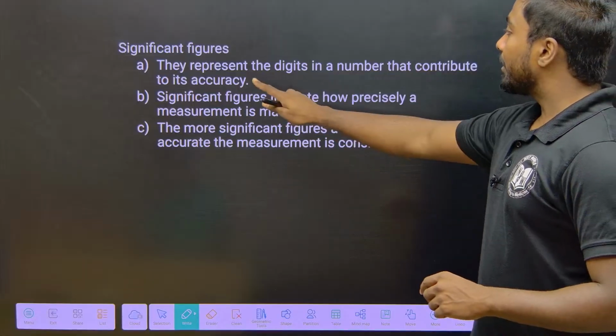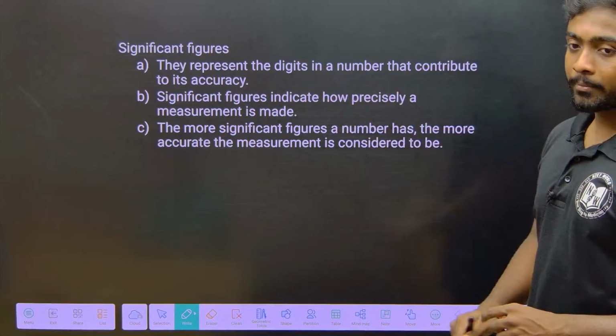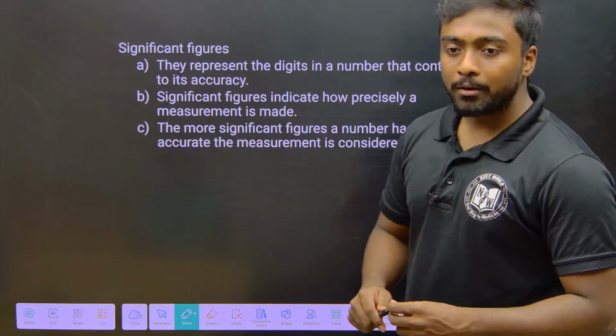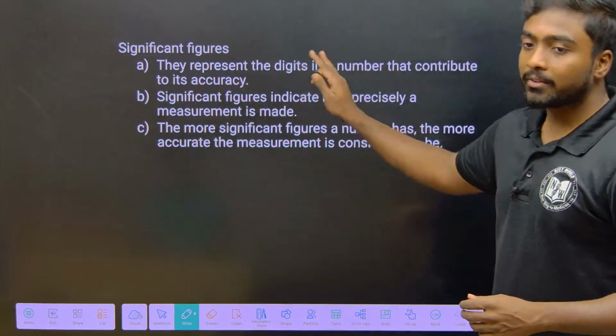Significant figures are nothing but they represent the digits in a number. So whatever we measure, we measure in numbers. So those numbers are significant figures.